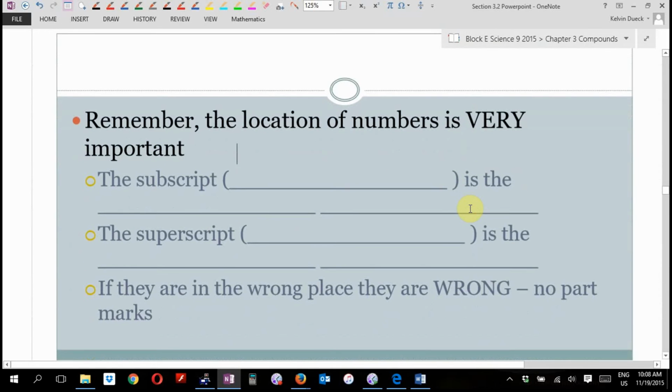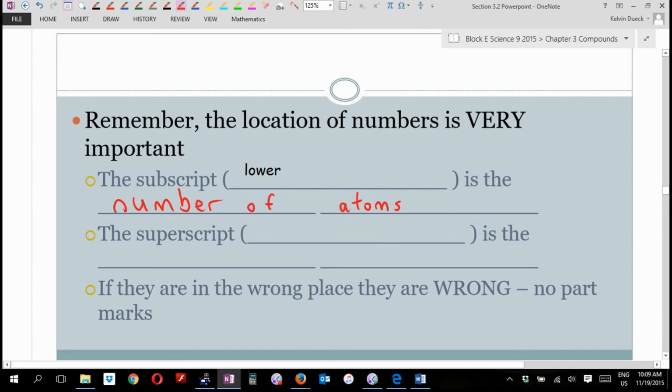We got right to here. Remember, I said the location of the numbers is very important. The subscript, the lower number, that tells you the number of atoms.